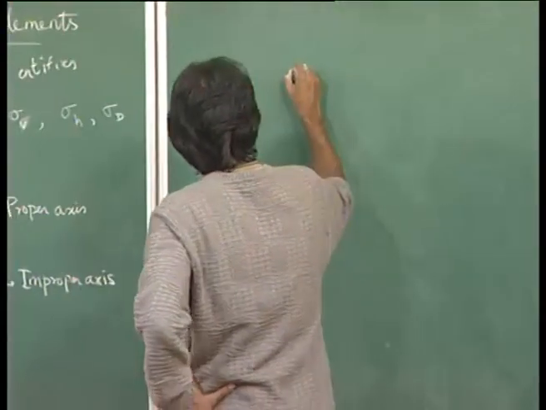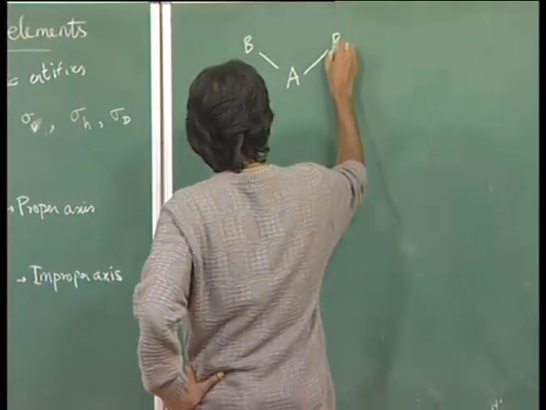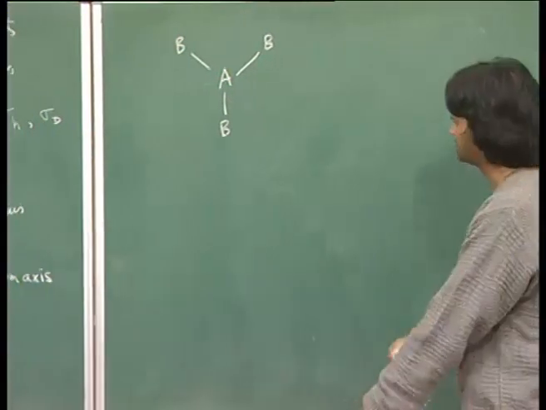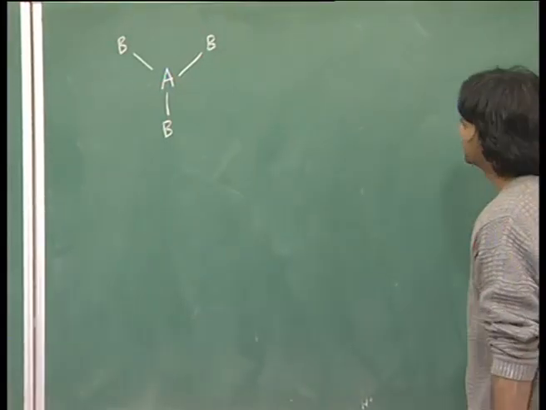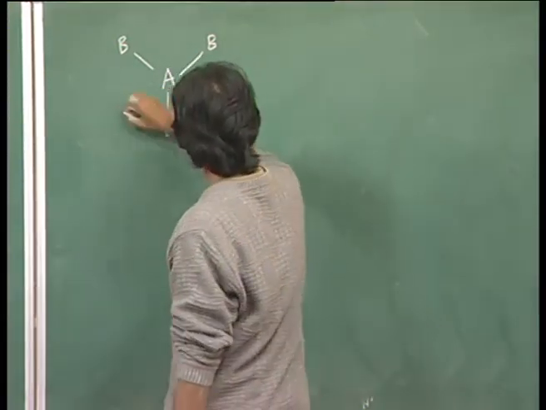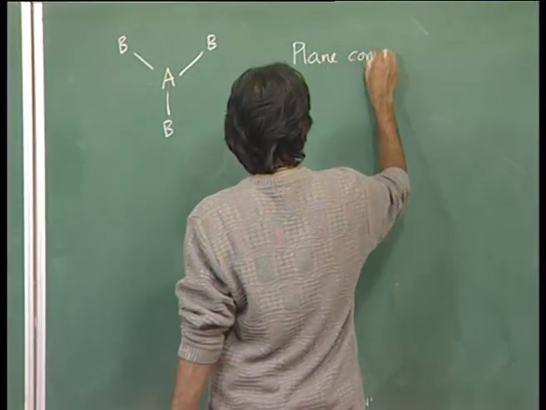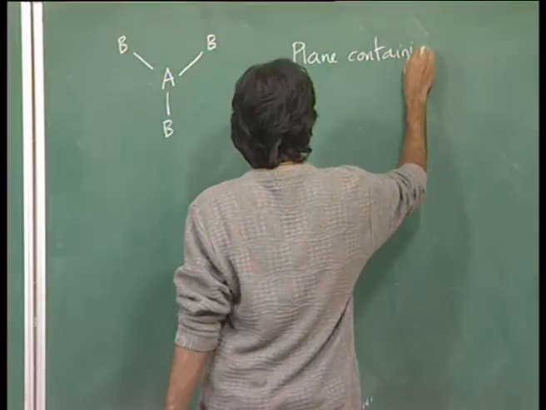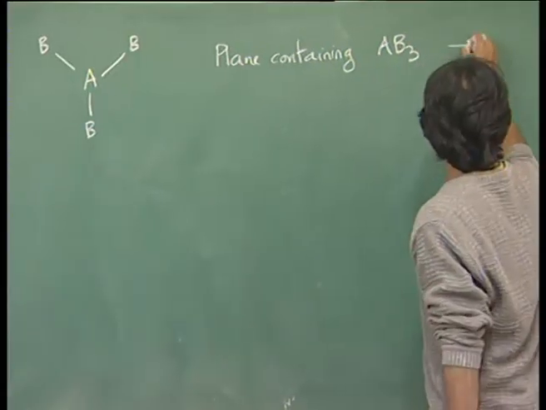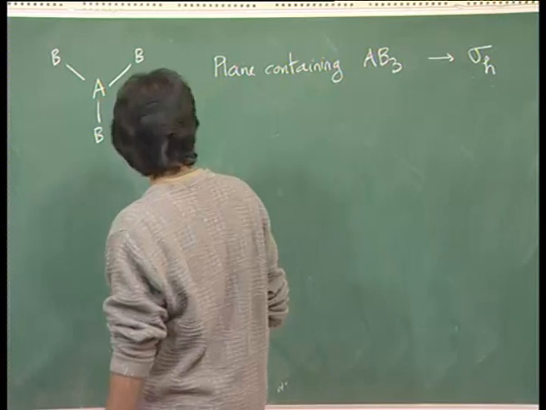So, consider a planar molecule of this shape, AB3, triangular in shape. The plane containing AB3 is a symmetry plane, referred to as sigma h.